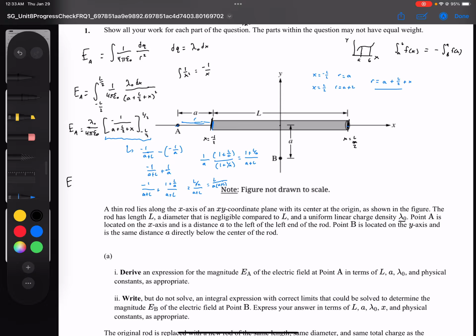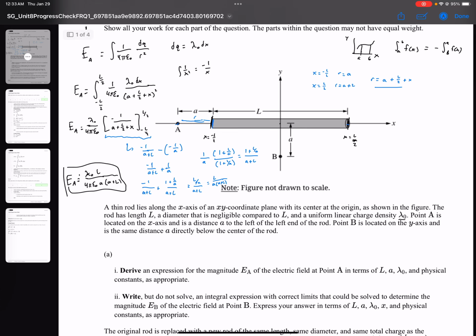So my electric field at position A is going to be equal to lambda naught times L, right, divided by 4 pi epsilon naught times A plus L. All right. So that's my final answer for the first one.